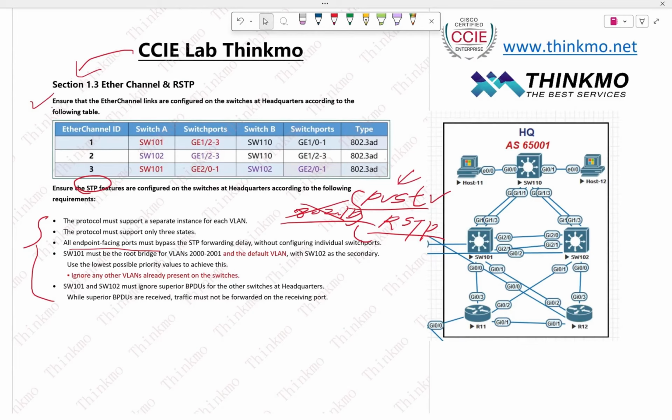The next requirement is that all interfaces facing end devices must bypass the spanning tree forwarding delay. To bypass the spanning tree forwarding delay, we need to configure what's called a fast interface.